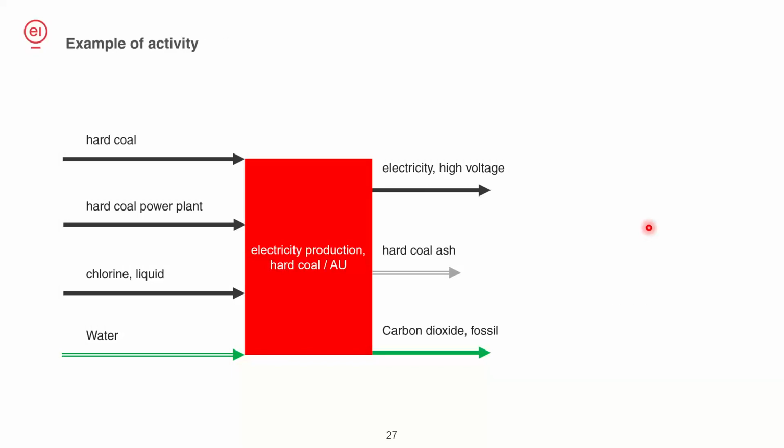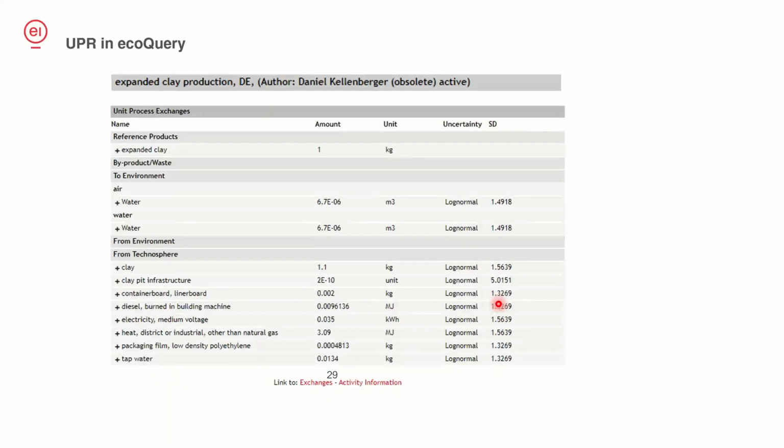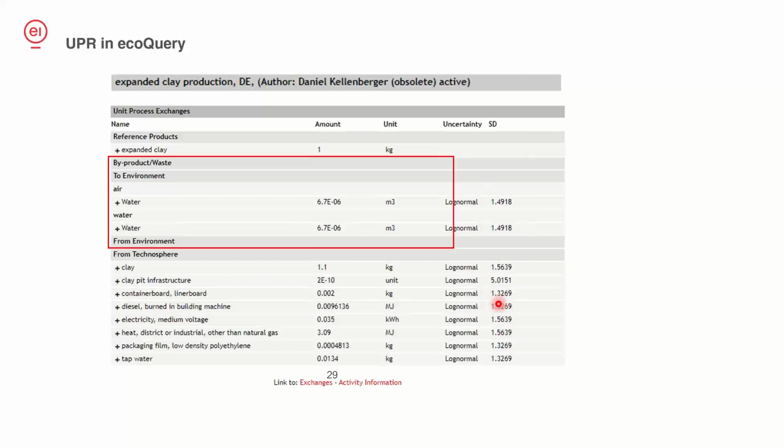This activity that we saw before, electricity production hard coal for Australia, if we look at it in a cumulative LCI format, is a long list of inputs from the environment and emissions to the environment. And in the ecoQuery, this is the activity of expanded clay production. It's a construction material.